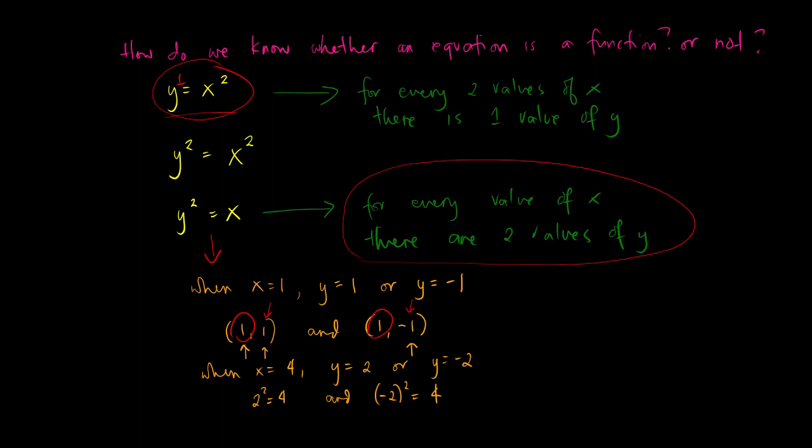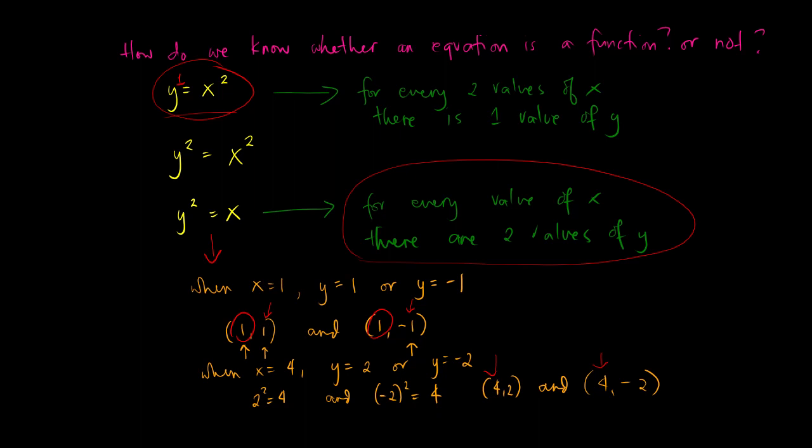So again, this pertains to the ordered pairs (4, 2) and (4, negative 2). Again, violating the very definition of a function because you now have two ordered pairs that have the same first number. First number is 4.